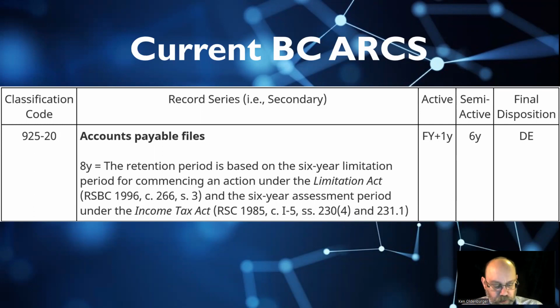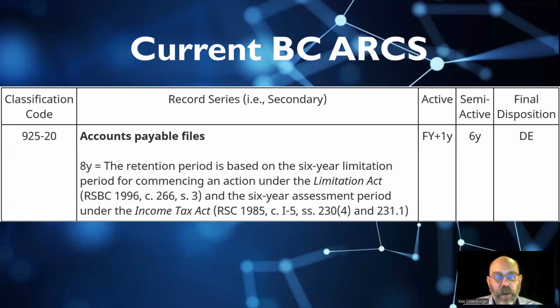And we're going to start by saying a new accounts payable file is classified with 925-20, and it gets a name. Done. So it serves its purpose, and it is closed at the end of the fiscal year. You see under active, it says FY. So December 31st, midnight, this file folder should be closed.